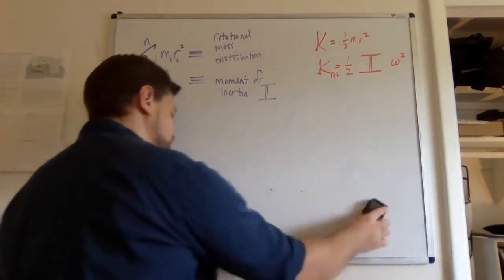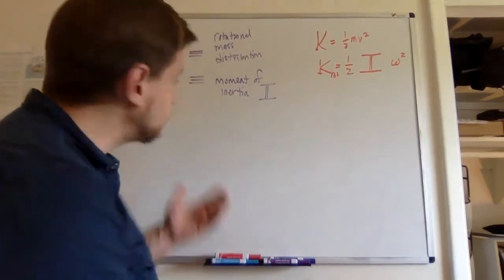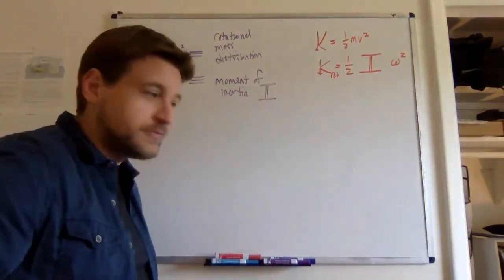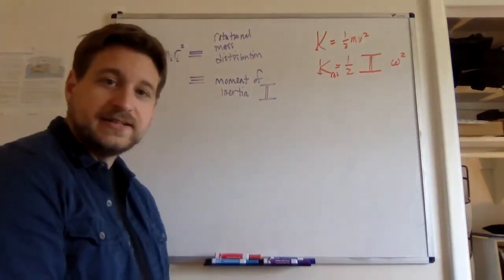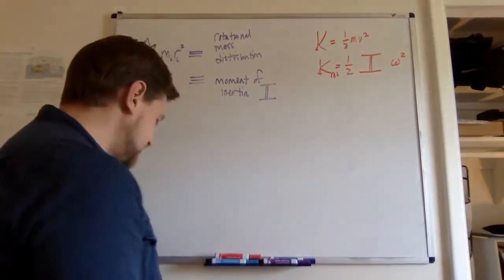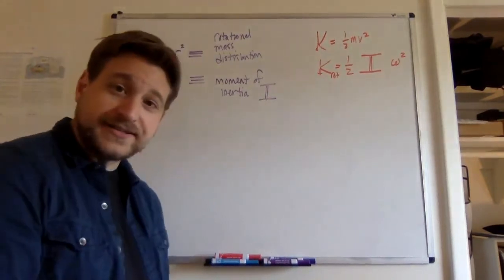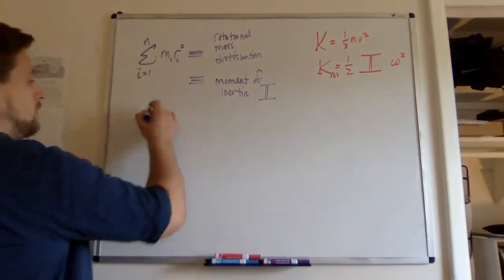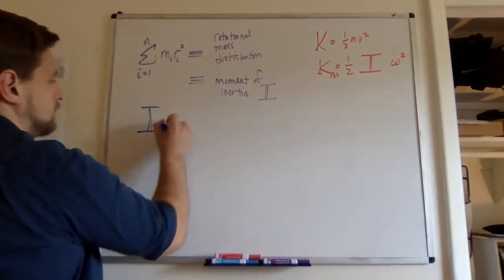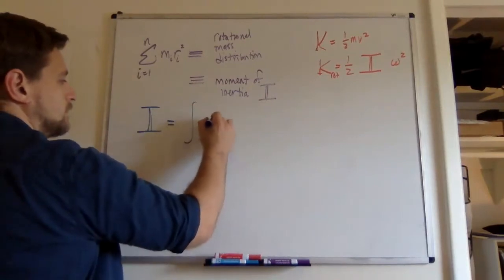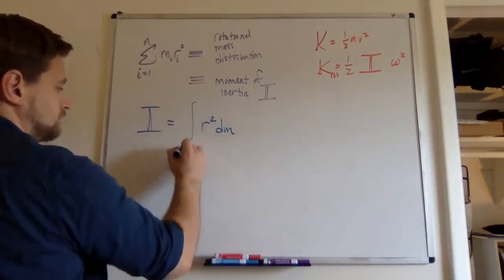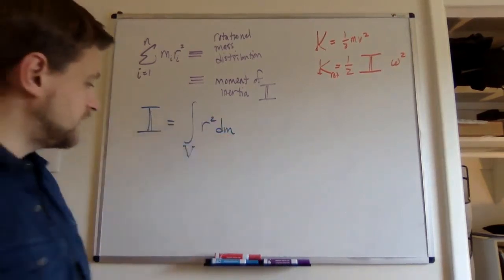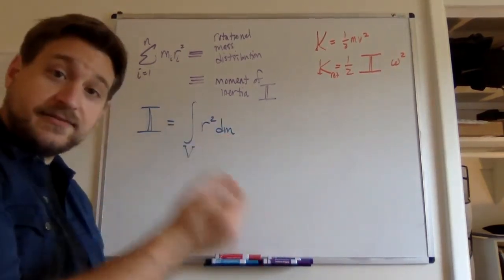What if it's not a discrete object? What if we don't want to have 1,000 little chunks of mass? What if we're talking about some actual object, some continuous object? We're going to have to do calculus. I'll write it this way: r squared dm, because those masses are getting infinitesimally small.